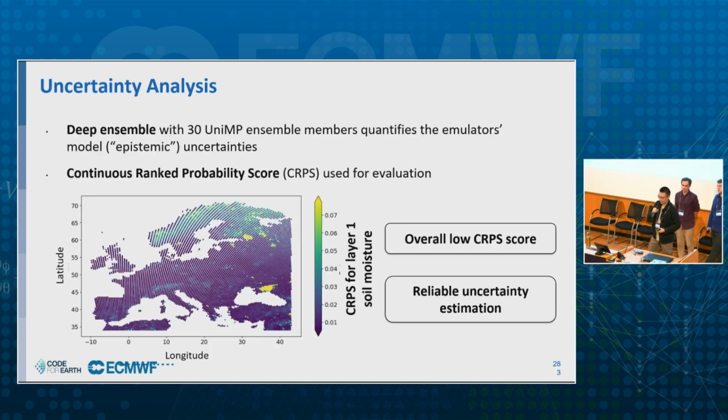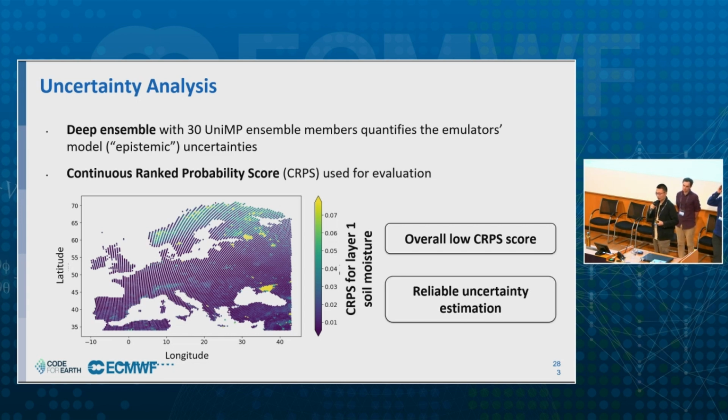Last but not least, we also try to evaluate the uncertainty associated with our machine learning model. In this project, we only focus on the epistemic uncertainty, and in order to capture this uncertainty, we adopt a method called deep ensemble, by simply creating an ensemble with 30 UNet model members with exactly the same neural network structure, but slightly different initial conditions, or basically slightly varied parameter initializations for these 30 neural networks.